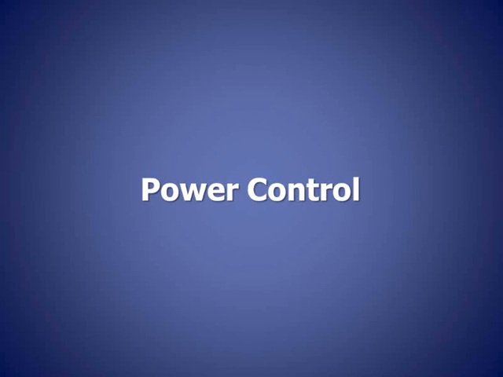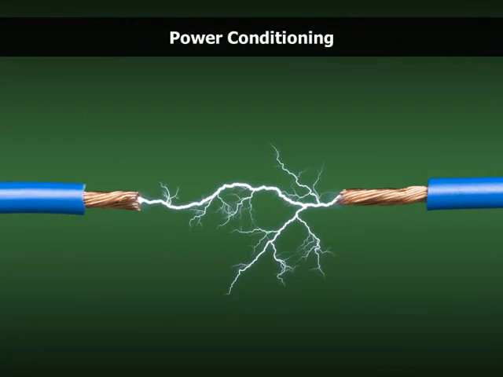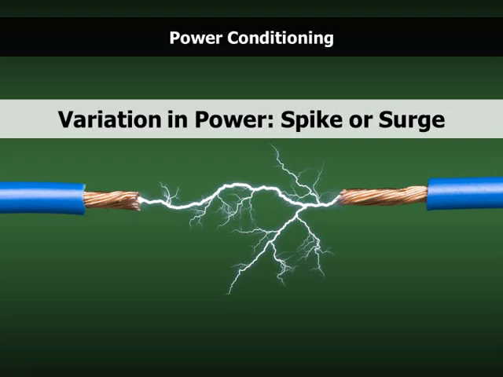The next environmental consideration to actually take into account has to do with power control. Now, this isn't referring to the different electrical dynamics that we talked about before, such as electrostatic discharge, but rather how electricity is conditioned or supplied. To introduce the whole subject of power conditioning, it's important to understand that you can have certain variations in power.